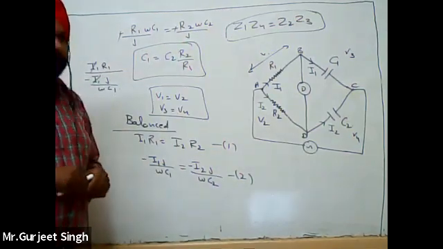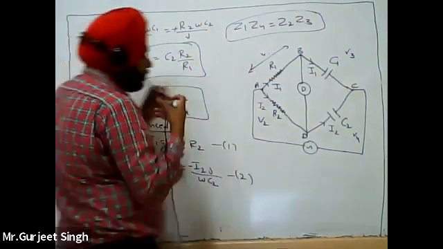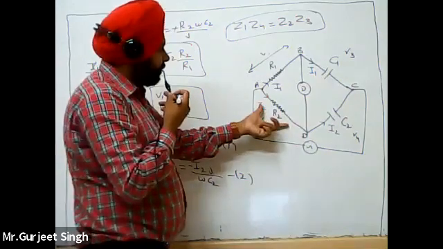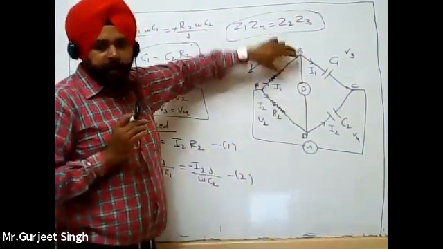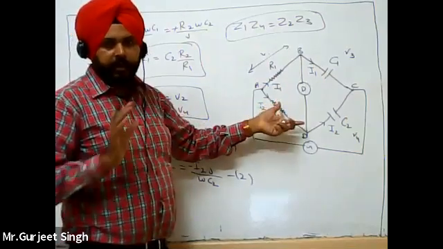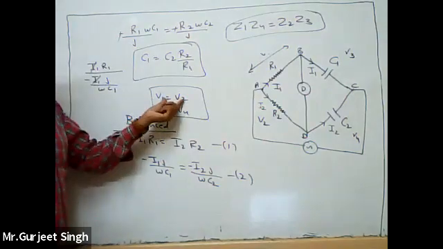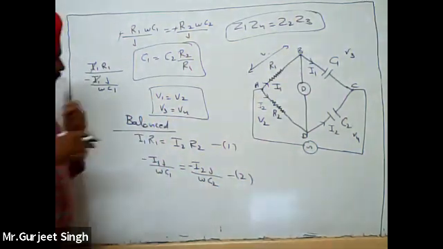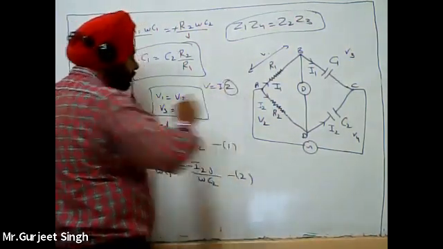The second method is that the voltage across this arm and the voltage across this arm are equal. We put the equations V1 is equal to V2 and V3 is equal to V4, and according to Ohm's law, V is equal to IZ, where Z is the impedance.